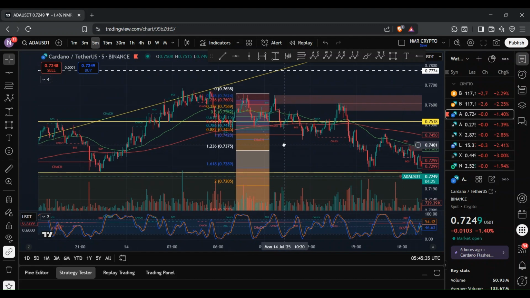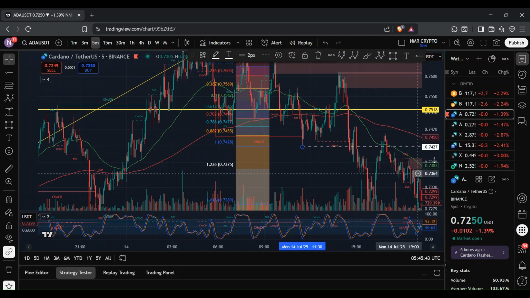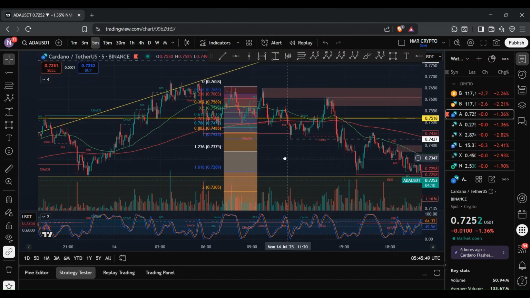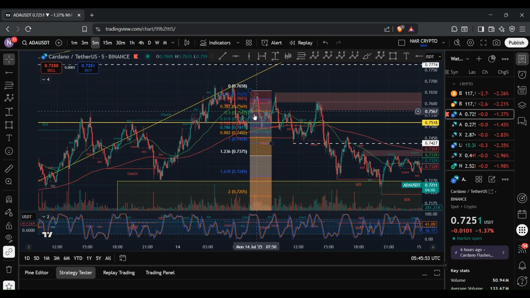So if I bring this to the right position, here you can see that the 100% retracement level is at 74.28 cents, and we ended up reaching 74.27 cents. So we tapped into this region here to complete this WXY structure. And then we had this corrective move to the upside, which is typically a 50 to 78.2% retracement of this wave structure.